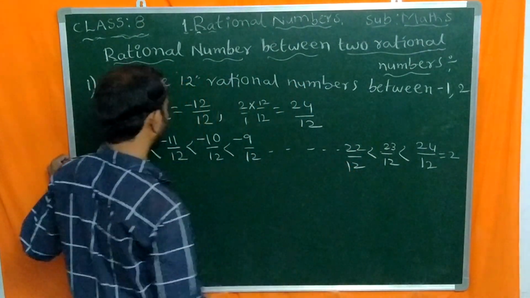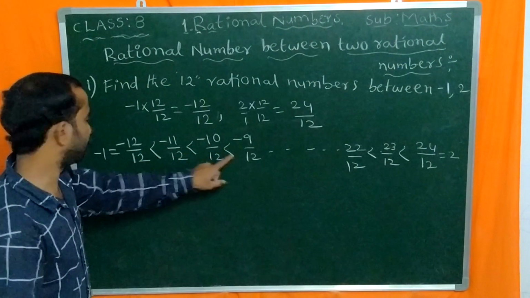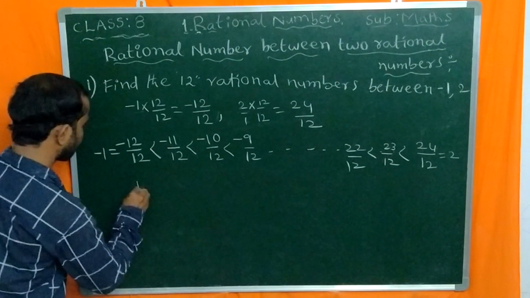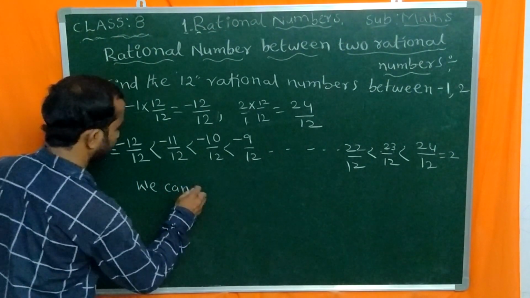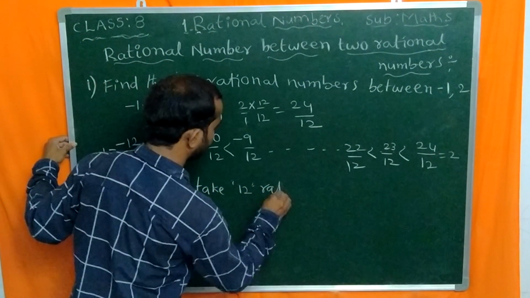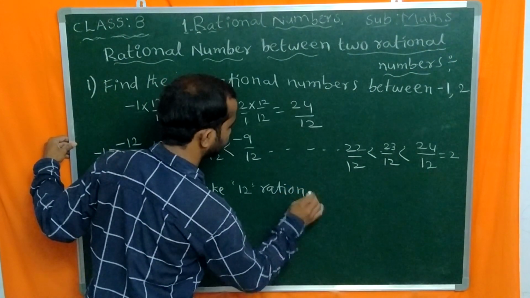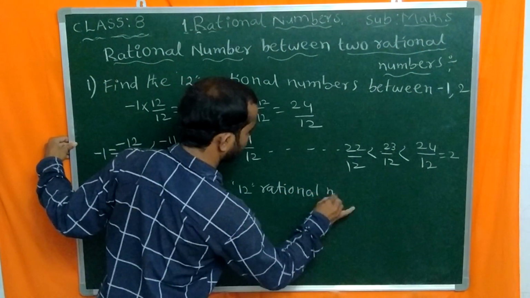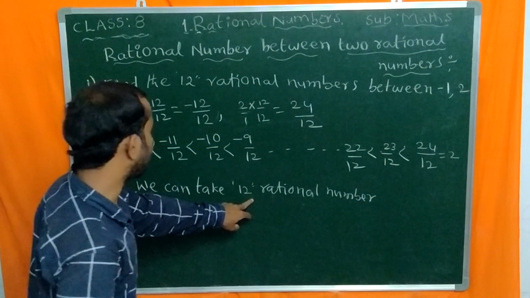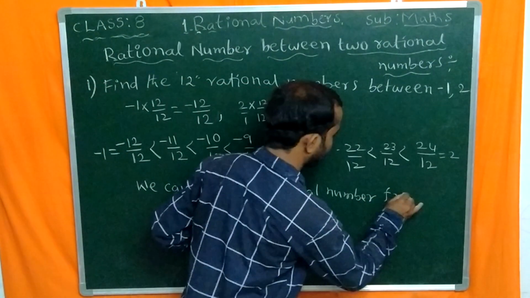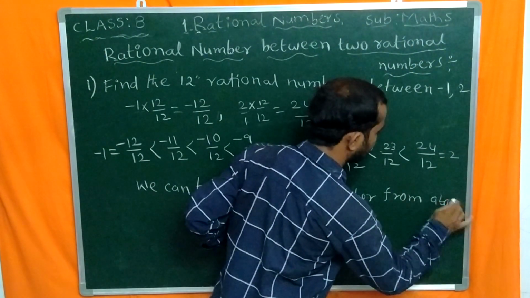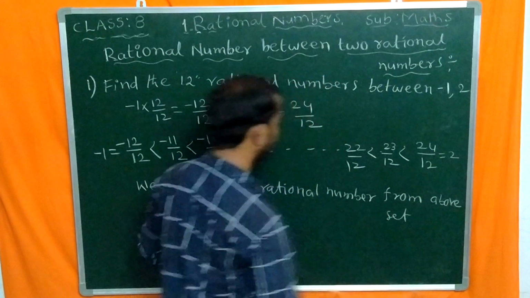So many rational numbers are there between minus 1 and 2. We can take 12 rational numbers from the above set.